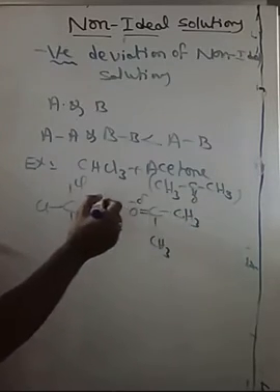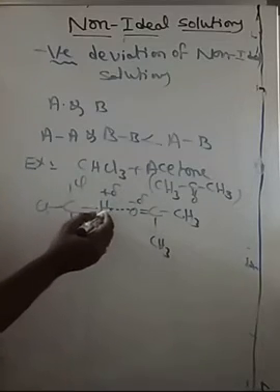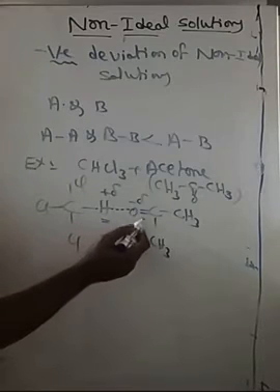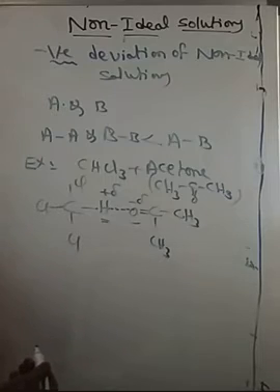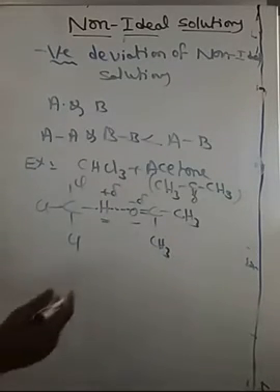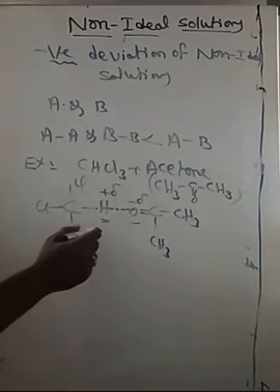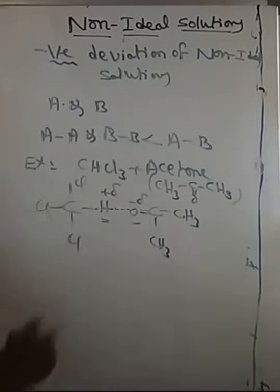Here oxygen has negative charge, hydrogen has positive charge. After intermixing of the components, the hydrogen atom of chloroform and the oxygen atom of the acetone molecule form hydrogen bonds. Then the force of attraction becomes stronger. So after intermixing, hydrogen bonding develops between the two liquids.